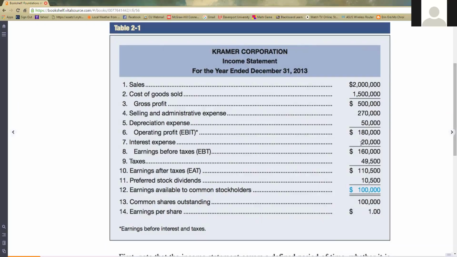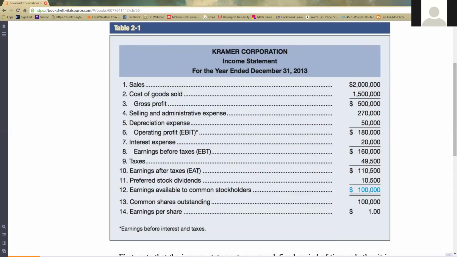Then if we take away our interest, earnings before taxes. In other words, they took away the interest in that because it's no longer before interest. And then finally, what I've been calling net income or net profit, they're going to refer to as earnings after taxes. You're going to see all 3 of those terms.